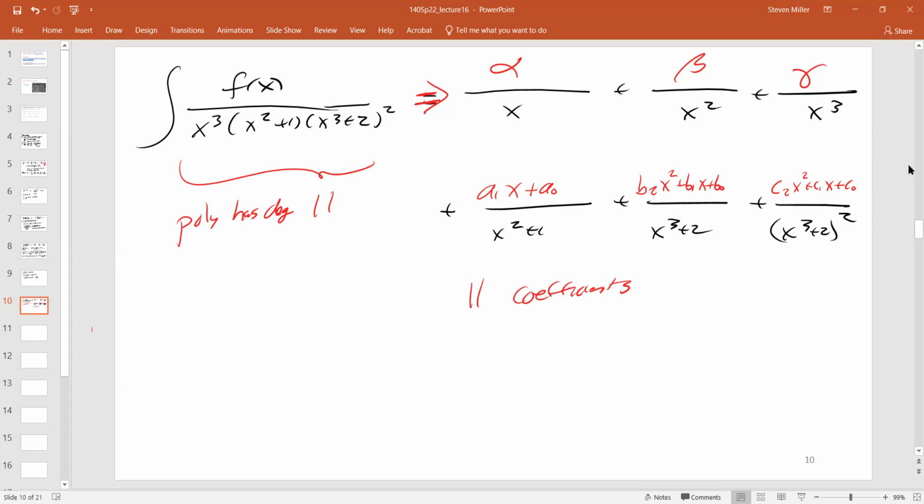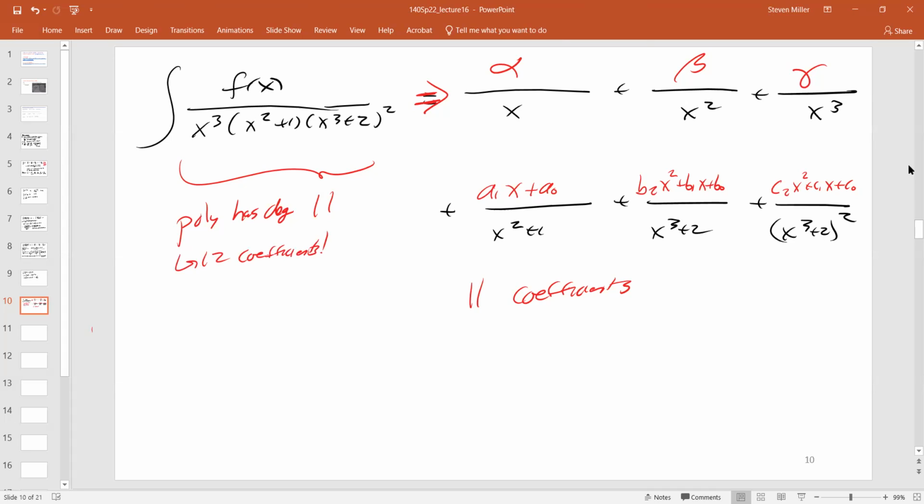Let's take a quadratic. How many coefficients does a quadratic have? Ax squared plus bx plus c. Quadratic has how many coefficients? 3. So you might be a little bit worried, wait a minute, a polynomial has degree 11. This is 12 coefficients.